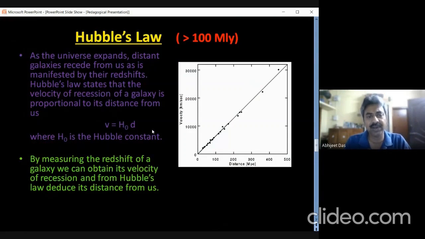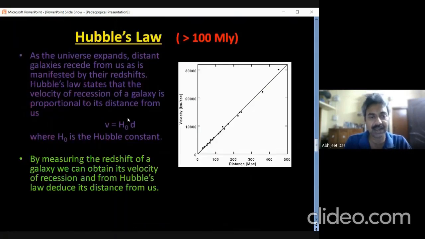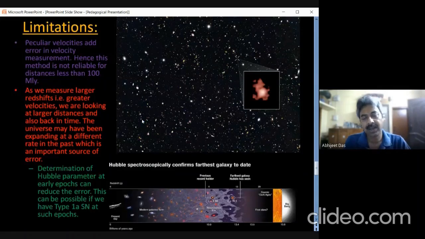Now, if we look at a distance very far away, that means we may be looking at a different epoch where the rate of expansion of the universe may have been different. So for that, this H naught will also be different. So that actually gives rise to some error in measurement of distance.